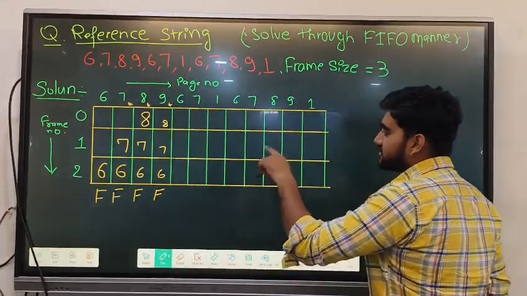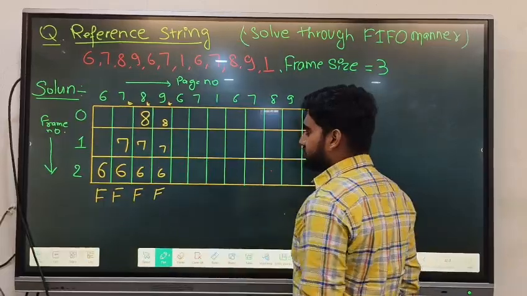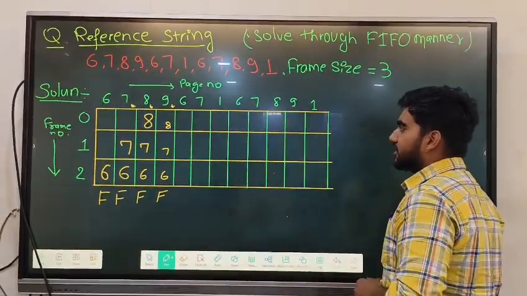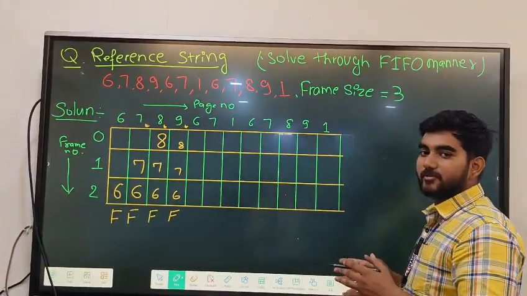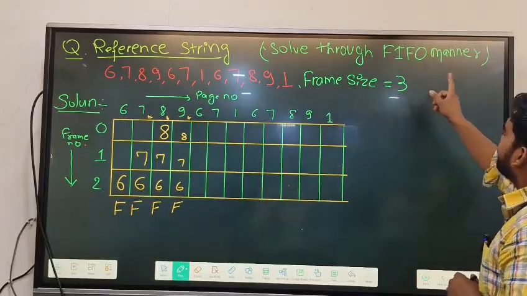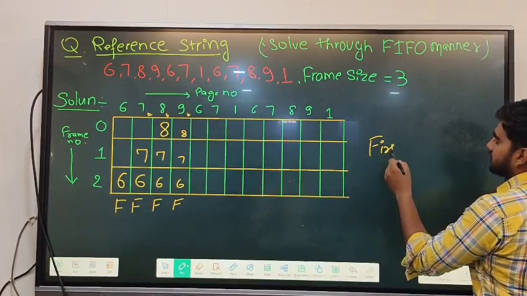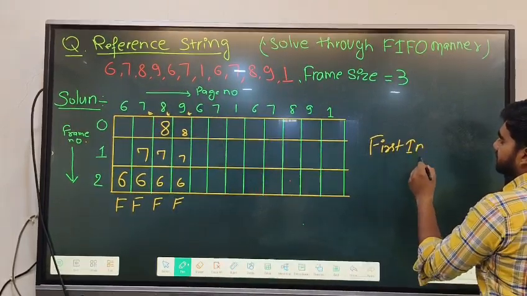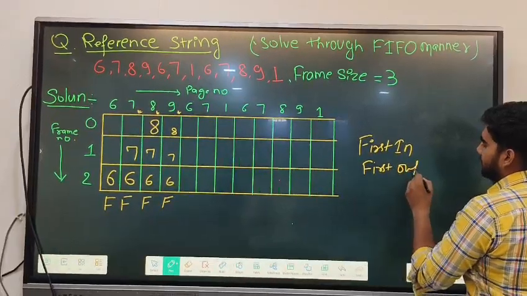Now the frame size is defined, which is 3, and all 3 frames contain pages. So what needs to be done? That is why we are learning the page replacement algorithm. Now we are seeing the FIFO manner. FIFO means first in, first out.